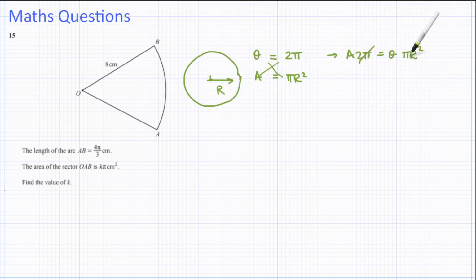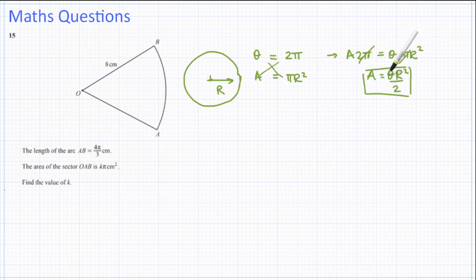We can cross some things out here, and we can rearrange this equation to express the area in terms of theta and the radius. So this is the equation for the area.